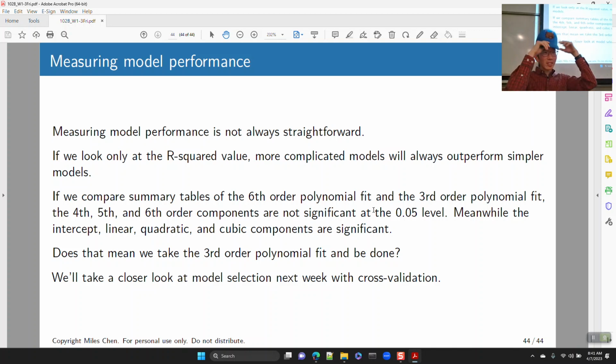I don't think anybody can explain what a sixth order polynomial is in real life, or whether any real-life phenomenon has a sixth order polynomial relationship with anything. I don't know.